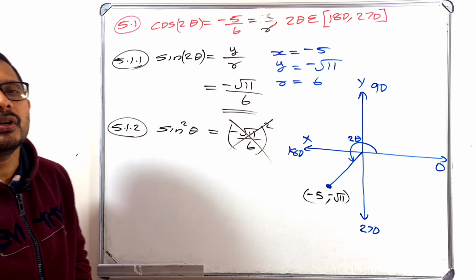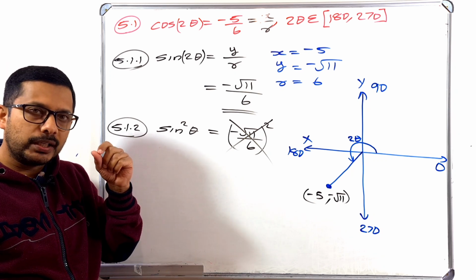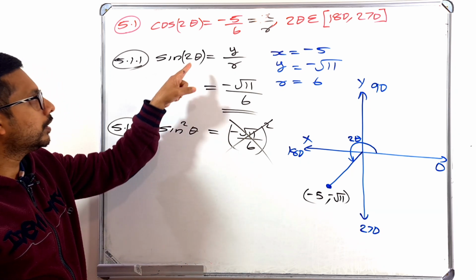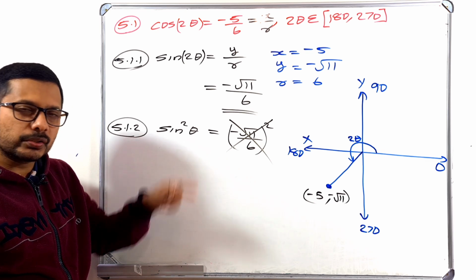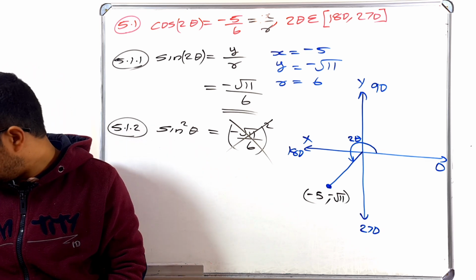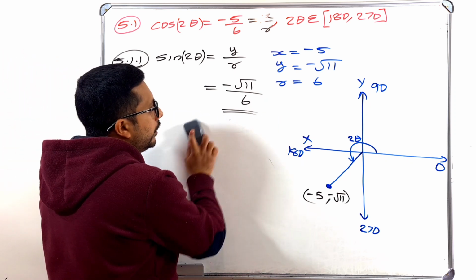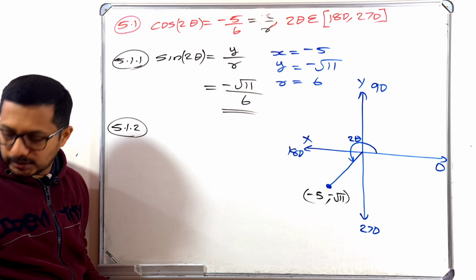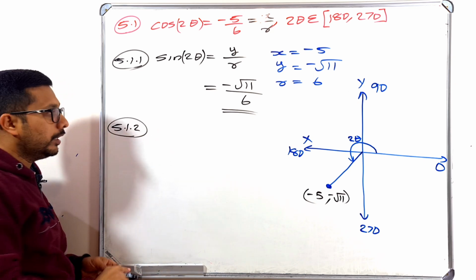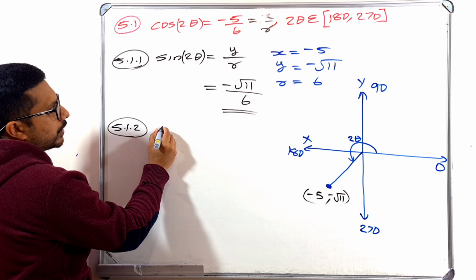In this type of question, you have to find an expression to convert between 2 theta and theta. 2 theta is a double angle. Do you know any expressions connecting 2 theta and theta? Did you study the double angle formulas?